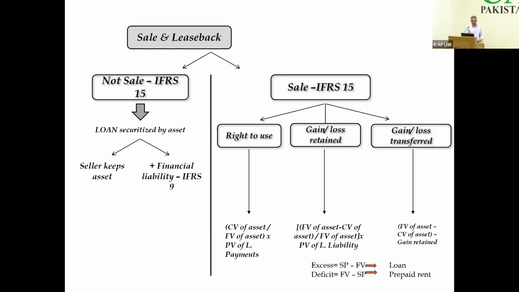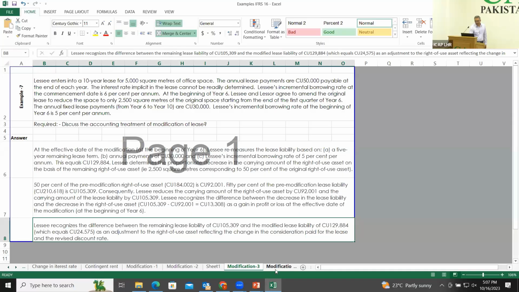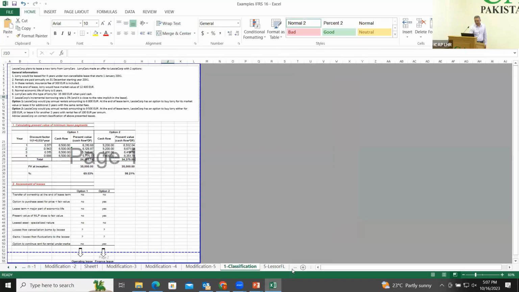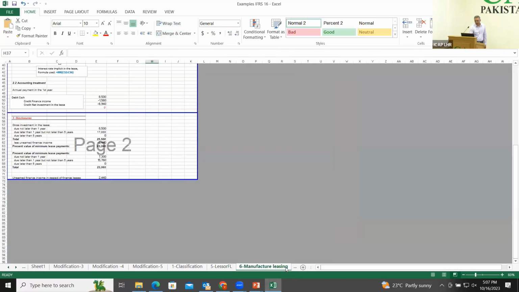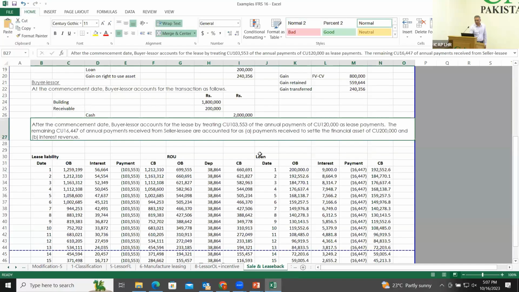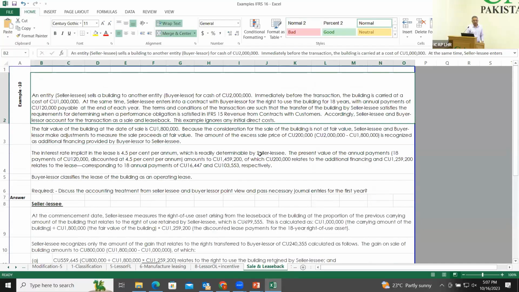Let's have an example. It is a little complicated, so let's look at the example. An entity, a seller lessee, sells a building to another entity, the buyer lessor, for cash of 2 million. Immediately before the transaction, the building is carried at 1 million.